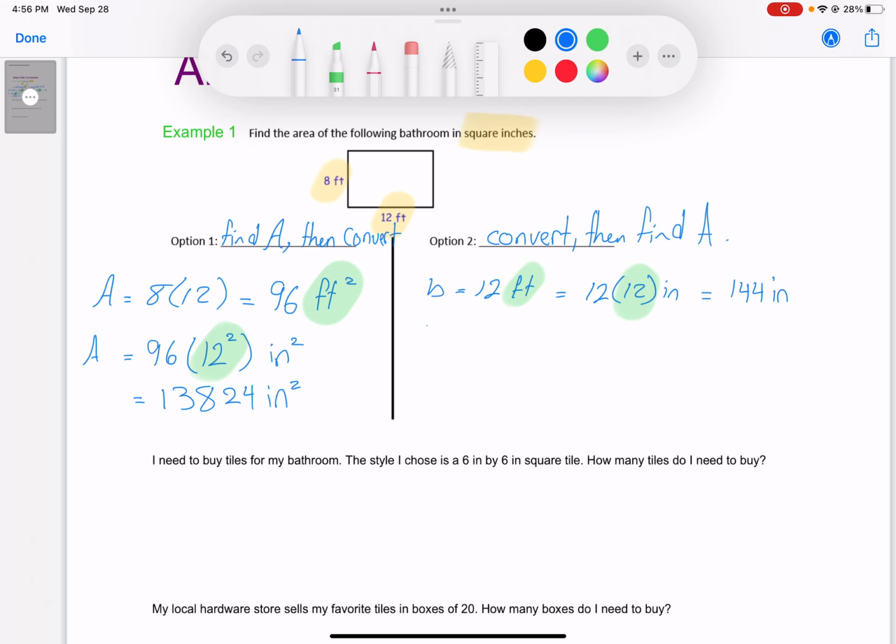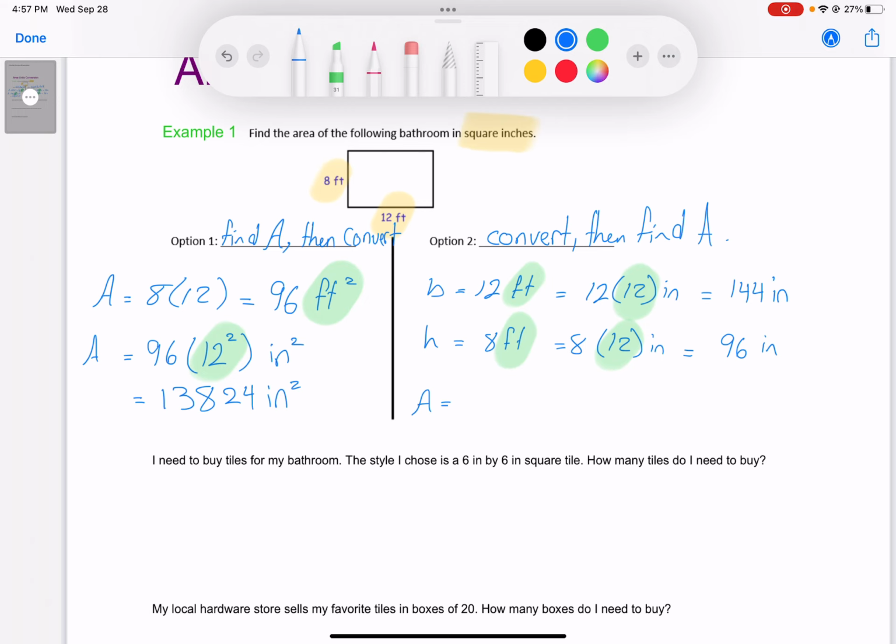And then I'm going to take the height, which is 8 feet, and I'm going to convert it to inches by multiplying by 12. Again, this is regular linear units, so I just multiply by 12 because that's the conversion factor from feet to inches. No need to square anything here, and I get 96 inches.